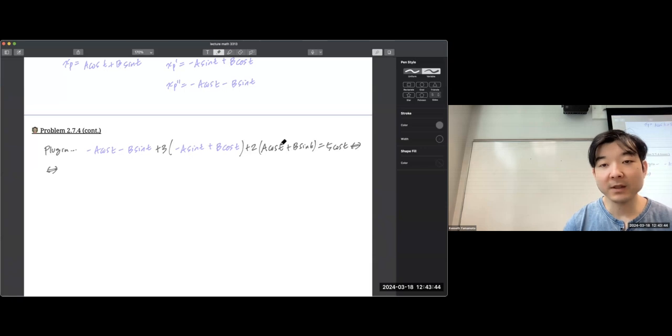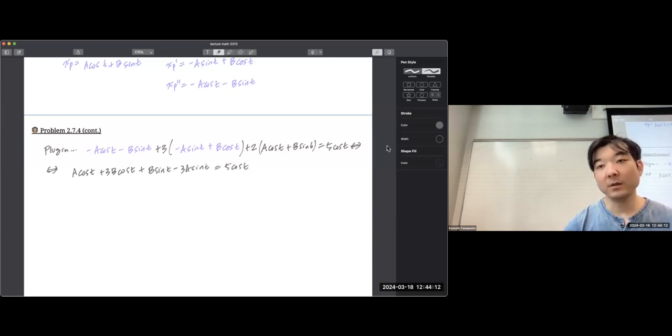But then there's a 2a cosine of t here. So that's going to combine to give you just 1a cosine of t. And then there's a plus 3b cosine of t. I'm just writing all the cosine terms. And then the sine terms: it's going to be b minus 3a sine of t. And this is 5 cosine of t.